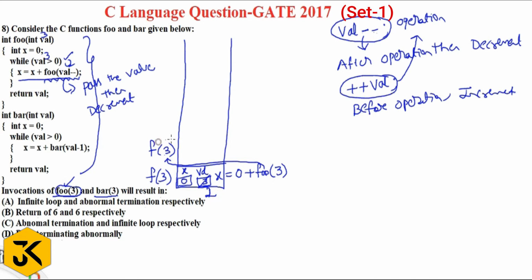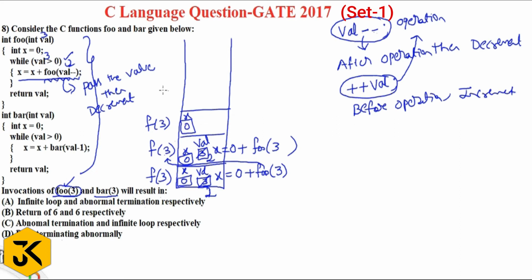Now once again this f of 3 will execute. Once again the local variable x is 0 and value is 3, and x equal to 0 plus foo of value minus minus. That means value is 3, so first it will pass 3, it is going to call f of 3, then it will decrement the value by 1, that is 2. Now once again f of 3 means x will be 0 and it checks whether 3 is greater than 0.